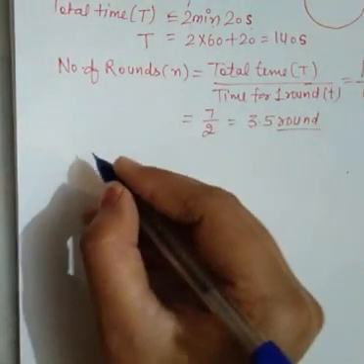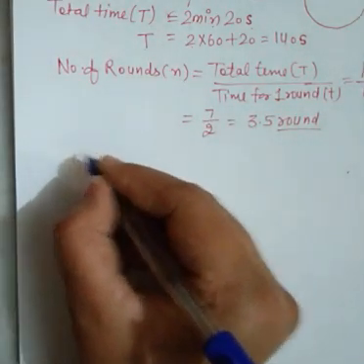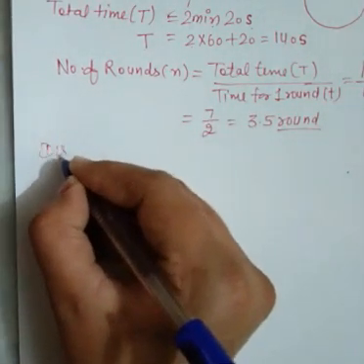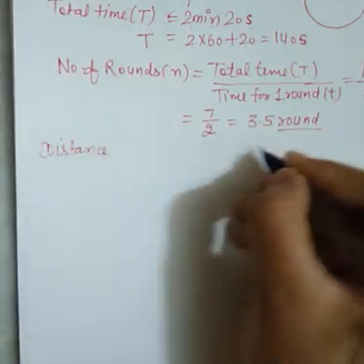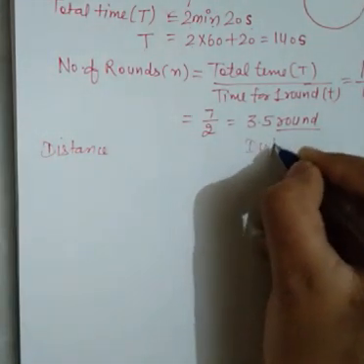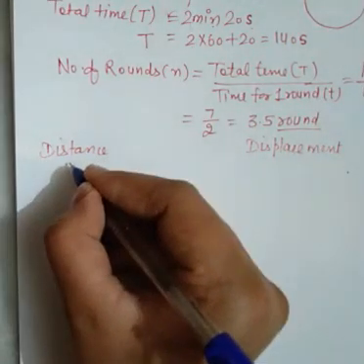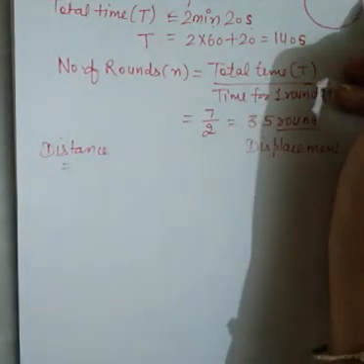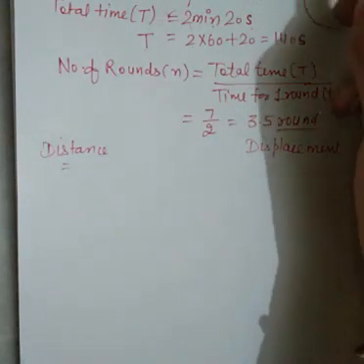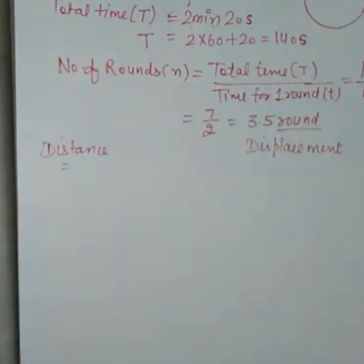Okay, but what do we have to calculate? We have to find out distance and displacement. Dear students, distance is the total path. In one complete round, the path is 2 pi r, and in 2 complete rounds I have to multiply it by 2.